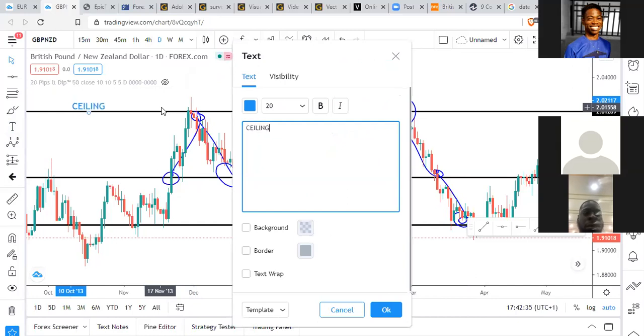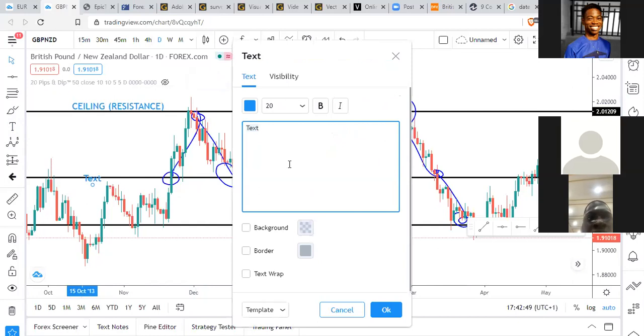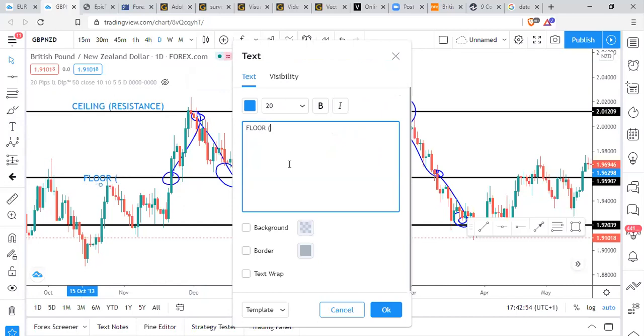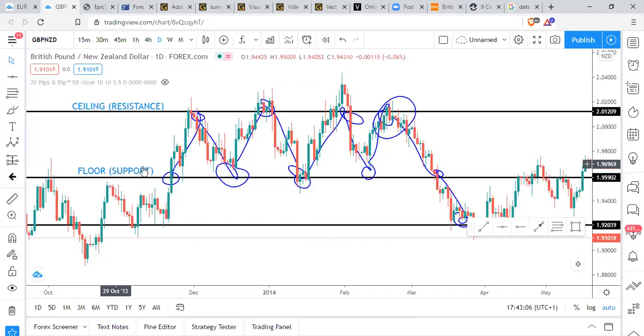Ceiling, and over here, floor. So this is your floor, which is your support. This is your ceiling, which is your resistance.